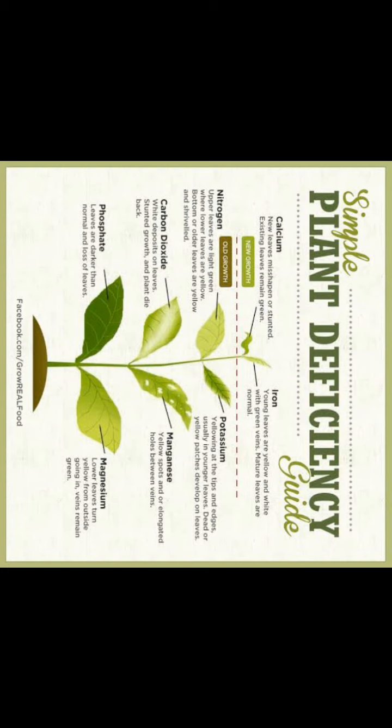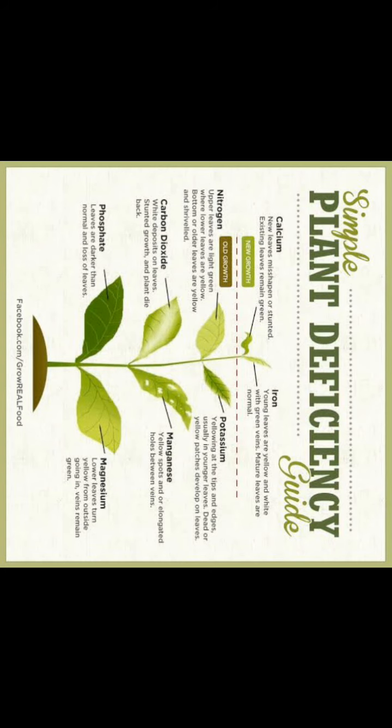In the older leaves, biomolecules containing these elements are broken down, making these elements available for mobilizing to younger leaves. So you can see in the diagram, from the older leaves to young leaves they mobilize, it means they move.